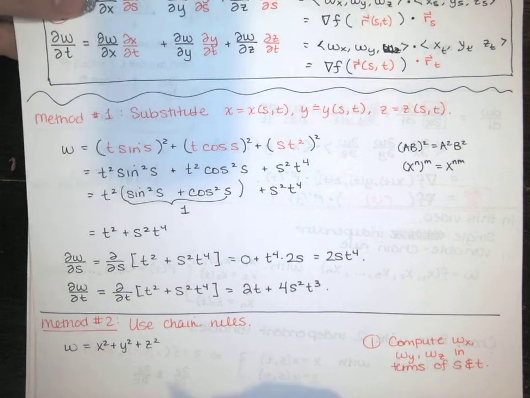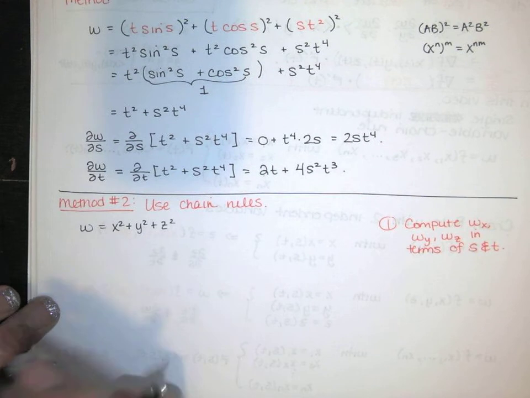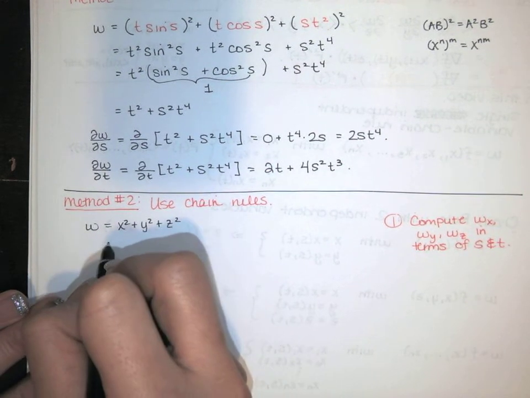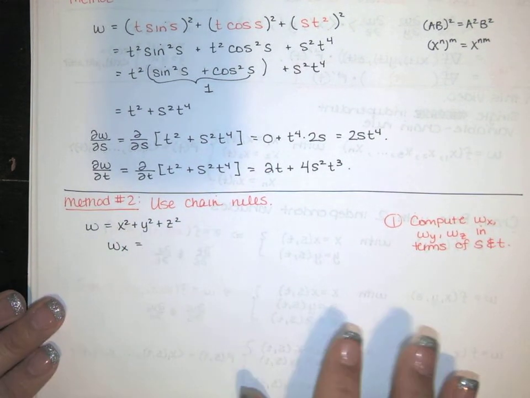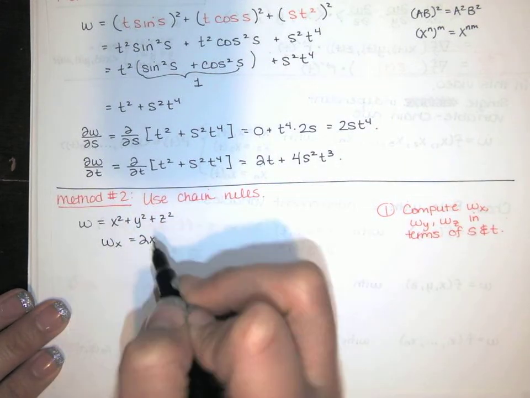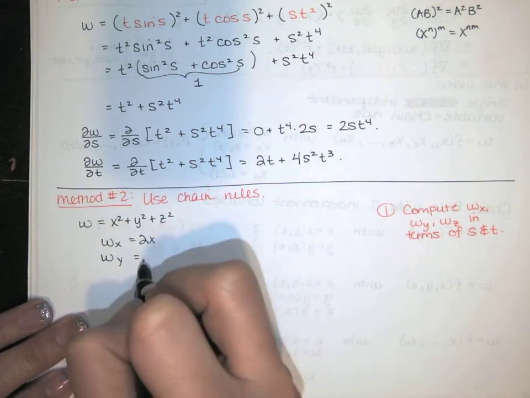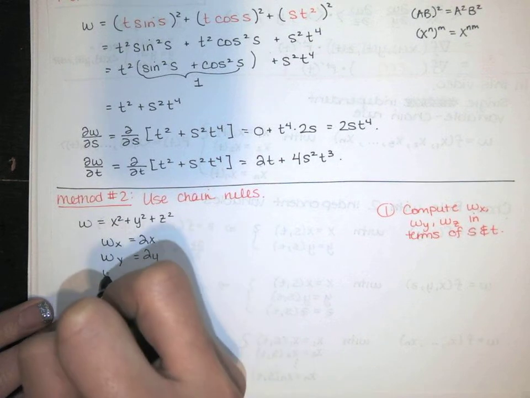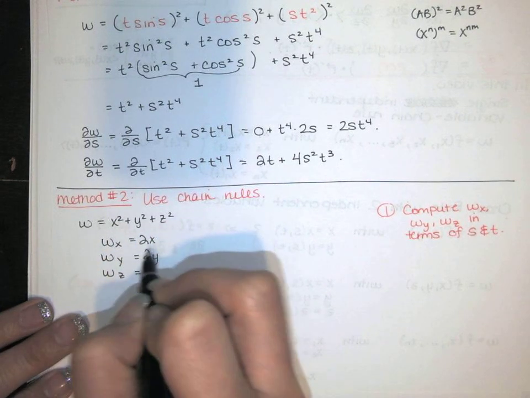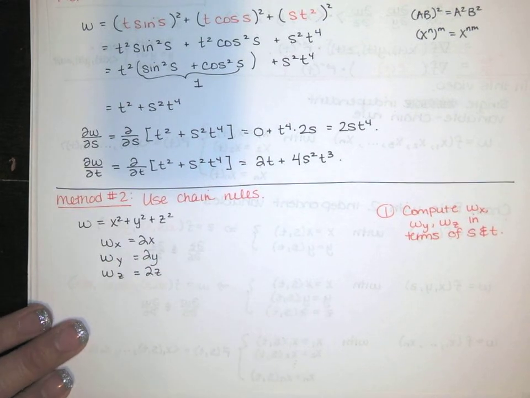Simple makes it sound insulting. It's a very elegant function. It doesn't need much. Derivative of w with respect to x is 2x. Derivative of w with respect to y, treating x and z as constants, is 2y. Partial of w with respect to z, it's 0 plus 0 plus 2z. So those are my partials.